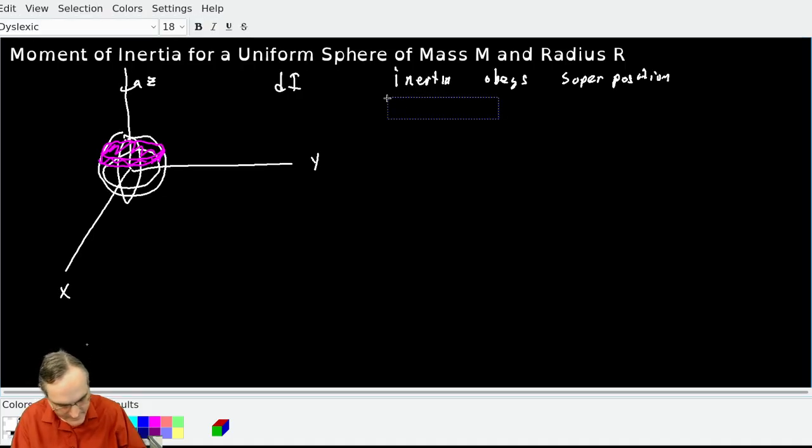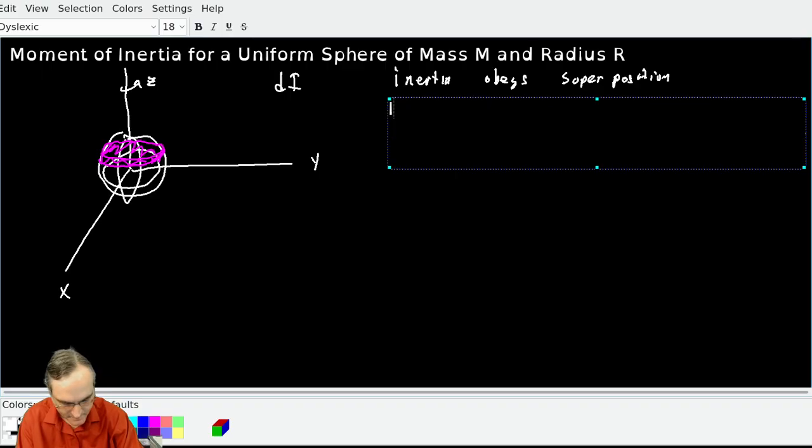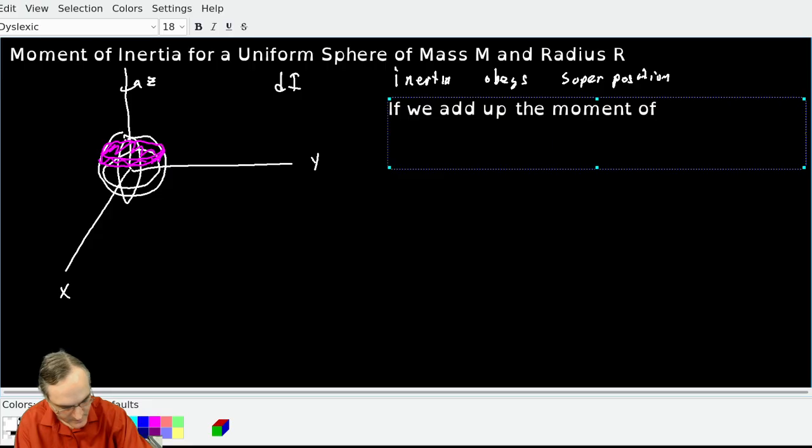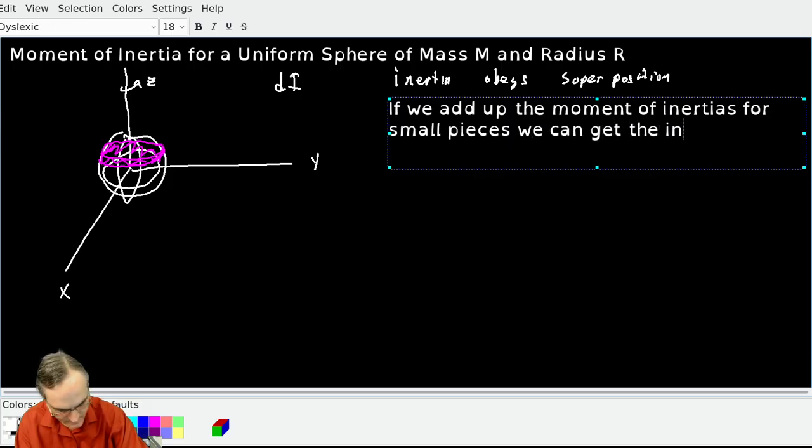This is going to get messy if I try and write fast. So if we add up the moment of inertias for small pieces of a shape like a sphere, we can get the inertia of the whole shape.